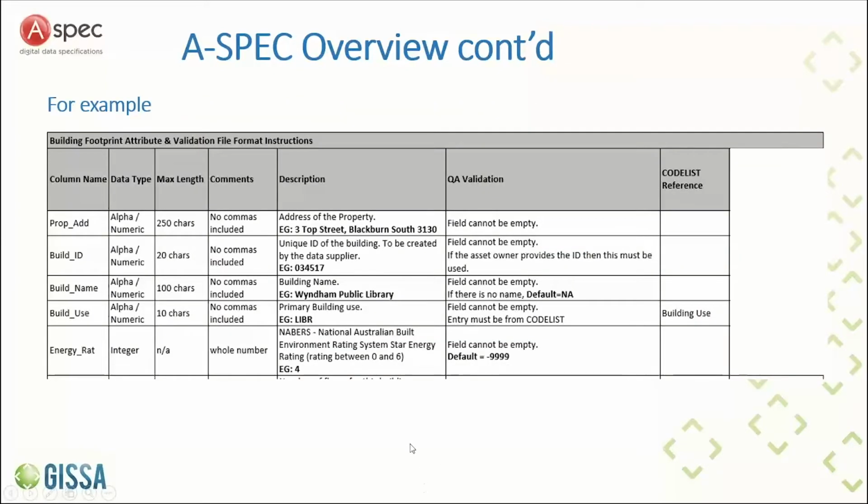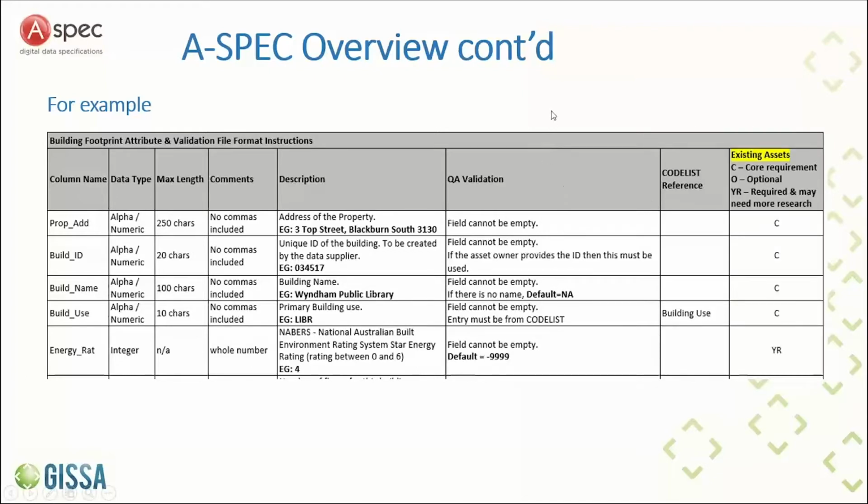And what it looks like is this. So this is the typical normal, what we call the normal B-Spec table, and it stops at the code list reference. So the difference is that we've now created this extra column where we have categorized each attribute, and you will find that with every table in A-SPEC.